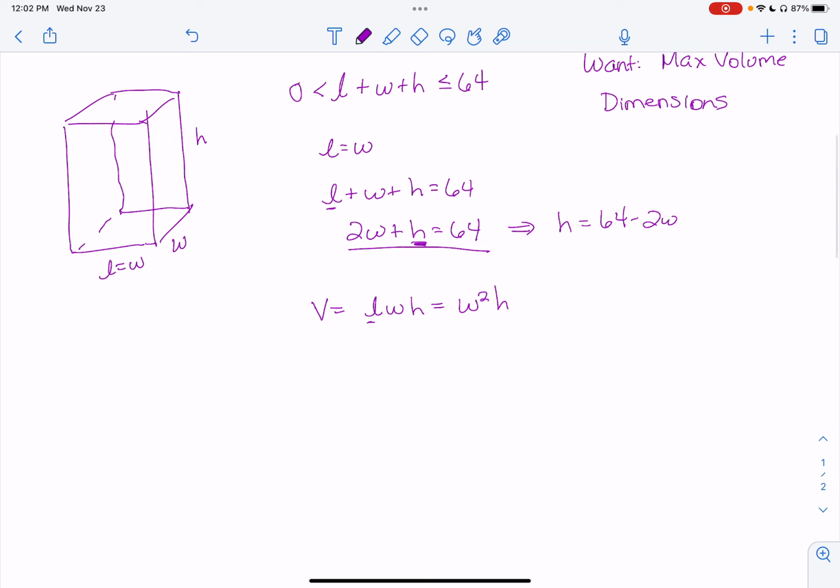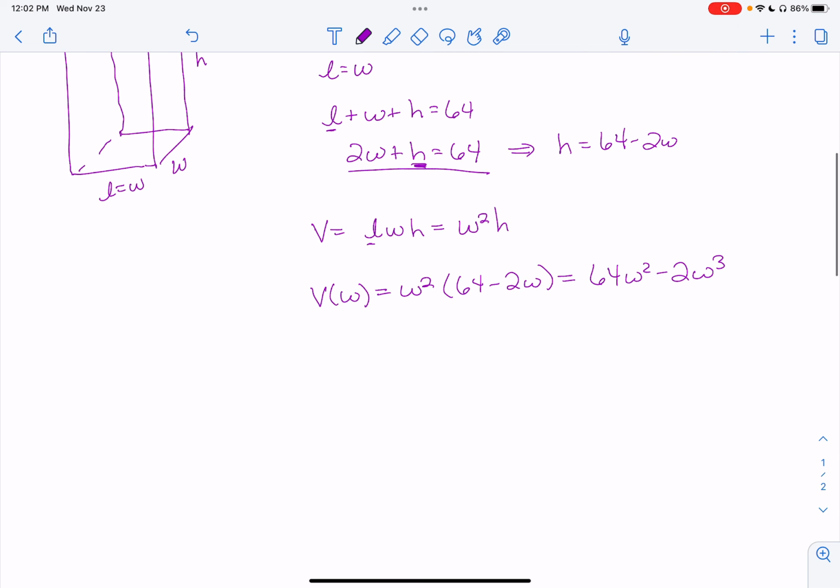So I can rewrite my volume as a function of just width: it's w squared times (64 minus 2w), which is also equal to 64w squared minus 2w cubed. Now I want the maximum volume. As soon as I see the word maximum or minimum, I'm thinking of a derivative and looking for my critical points.